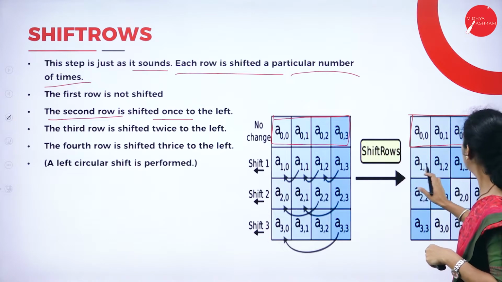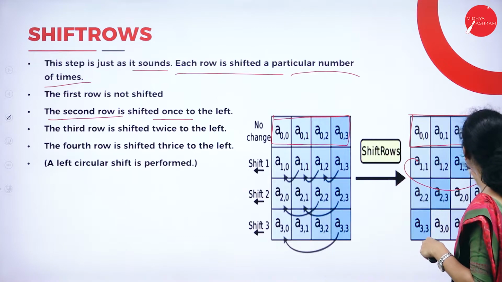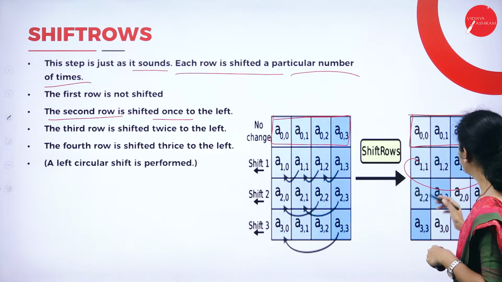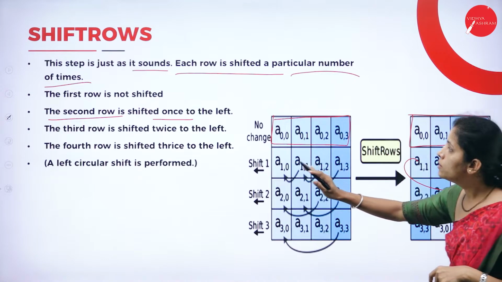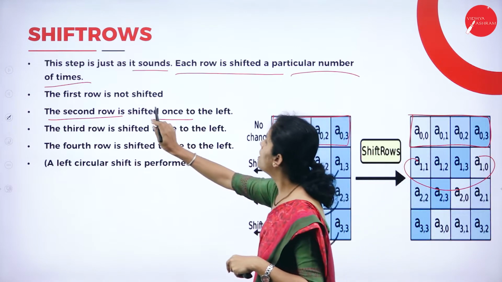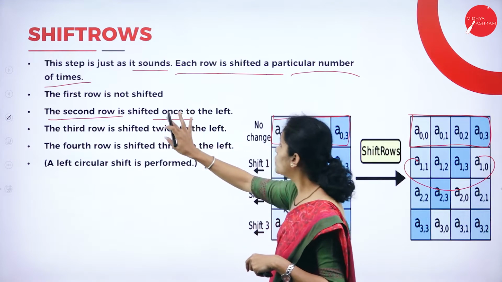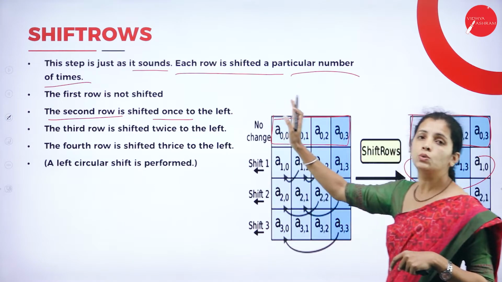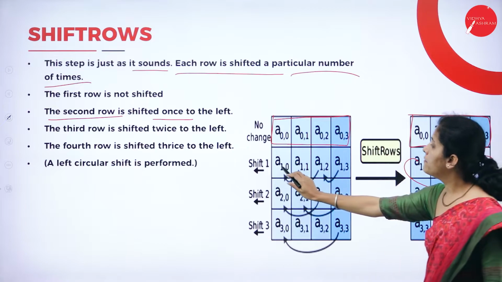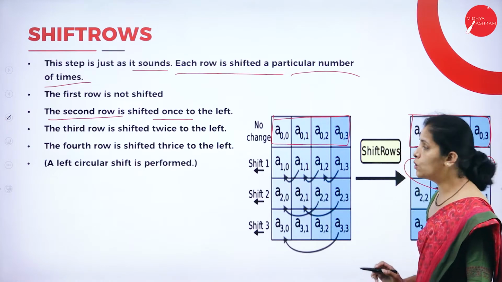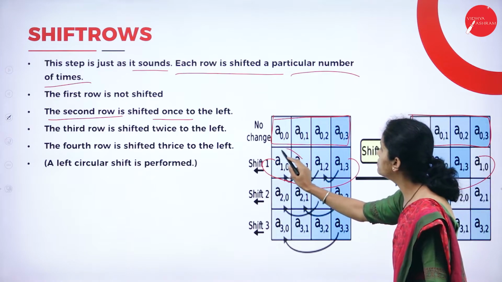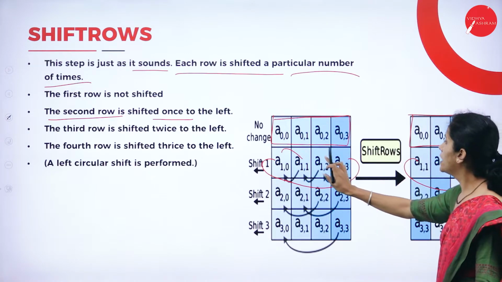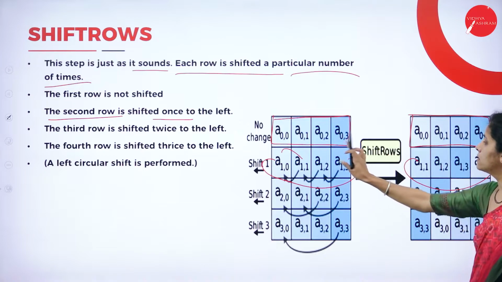See here, I'm having A10. If I shift this one, it is going to come here. And if I shift this one, that is A11, A12, A13.